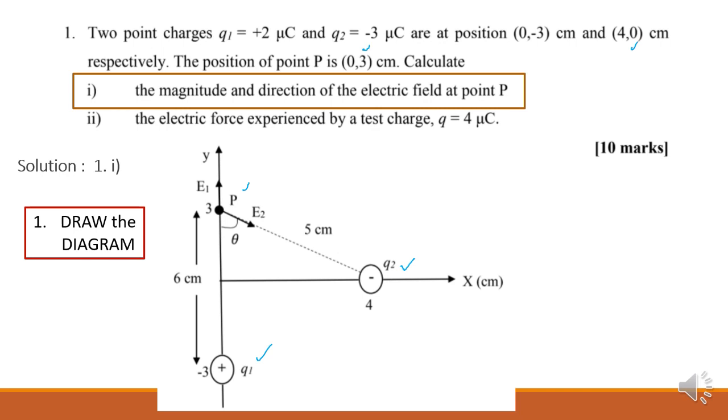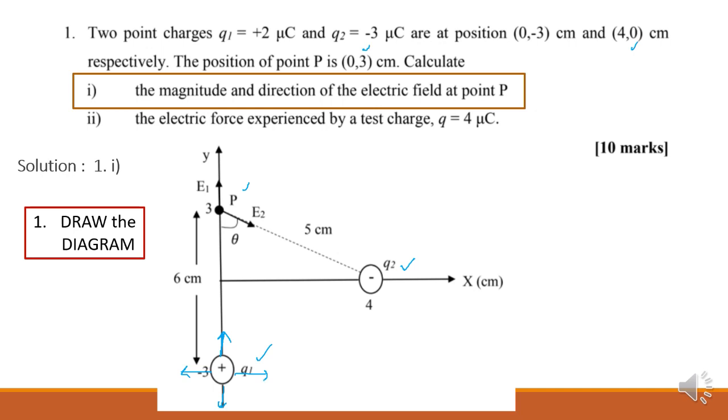Okay, so kemudian kita kena juga lukiskan vektor E1 dan vektor E2. So vektor E1 dekat point P, kita tahu kita kena refer kepada charge positif dekat Q1. Charge positif ini kita tahu arah electric field dia adalah keluar daripada charge.